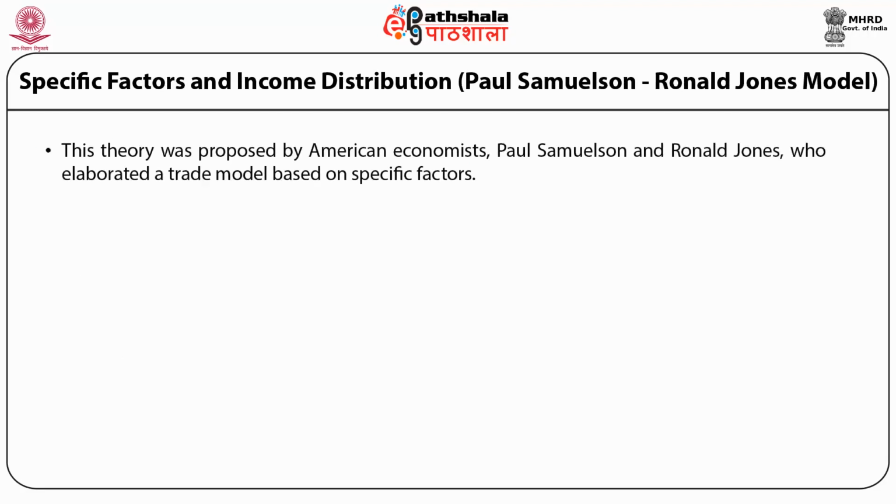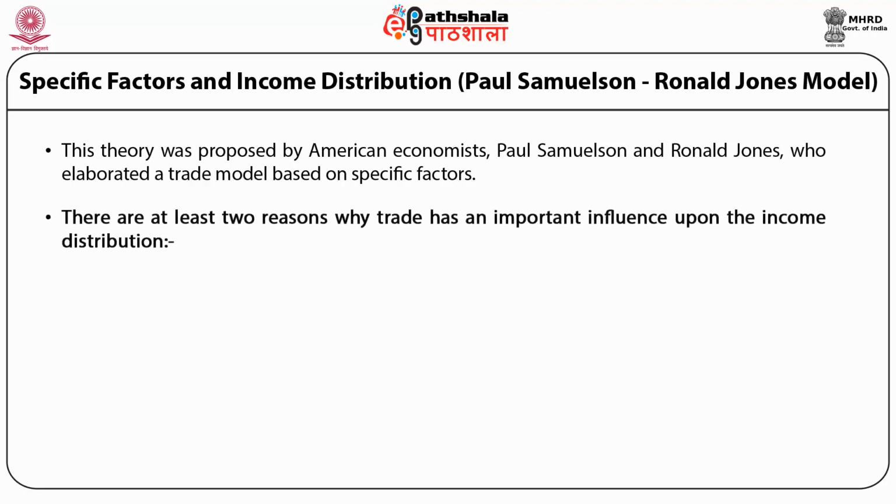It was given by the American economists Paul Samuelson and Ronald Jones, who elaborated a trade model based on specific factors. They say there are at least two reasons why trade has an important influence upon income distribution.